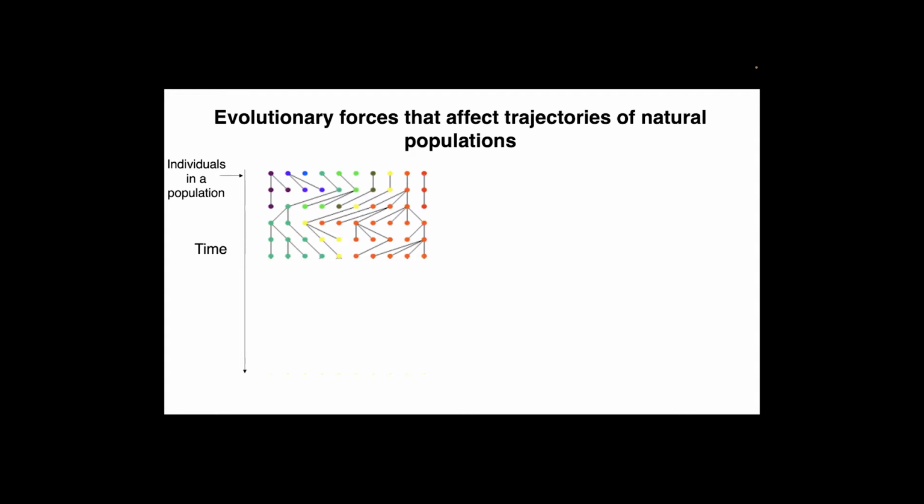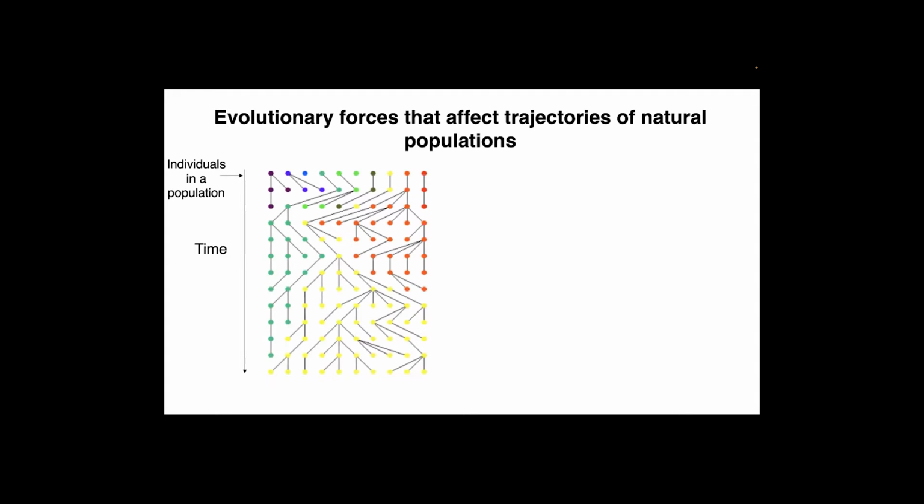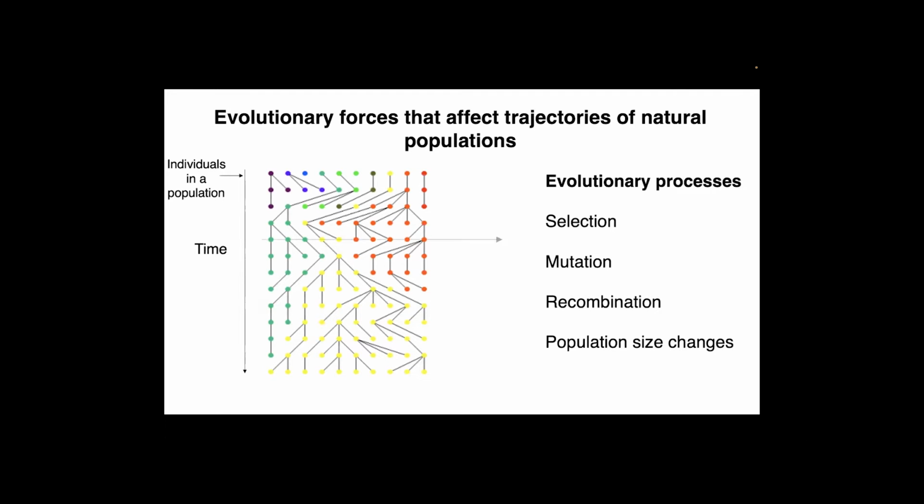So for instance, these colorful circles are just a representation of genetic variation in a population. This variation can change over time. If you take a snapshot of the population at any point in time, you can try to understand what type of evolutionary forces act on it.